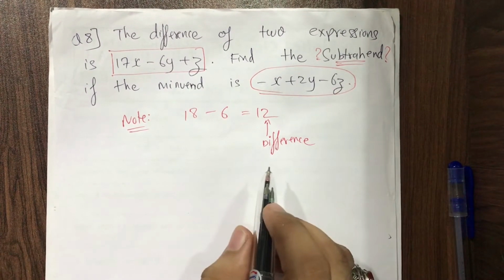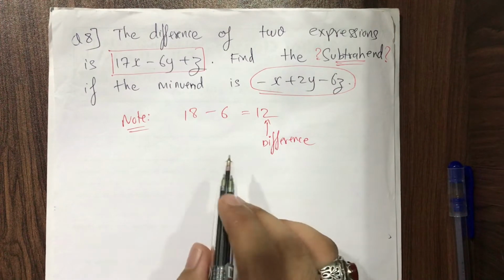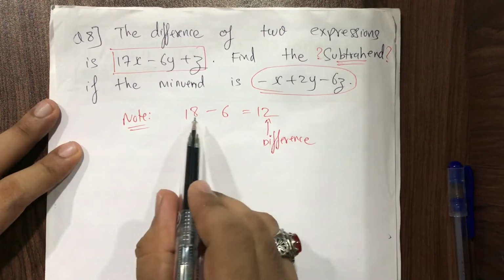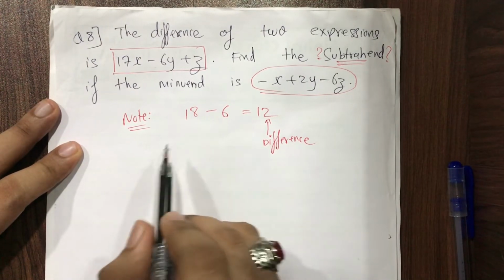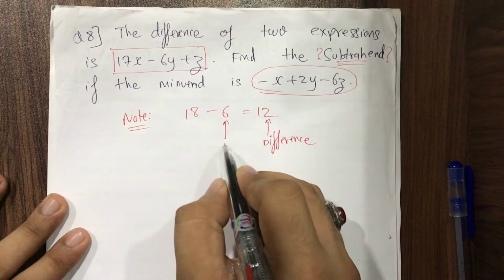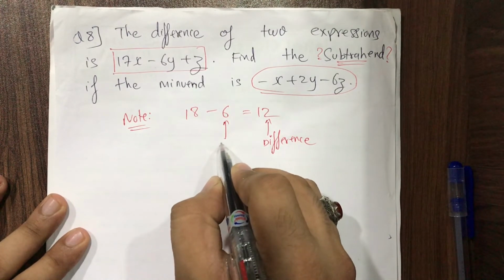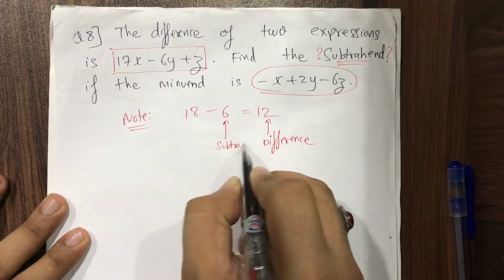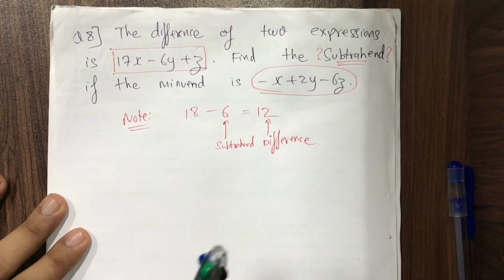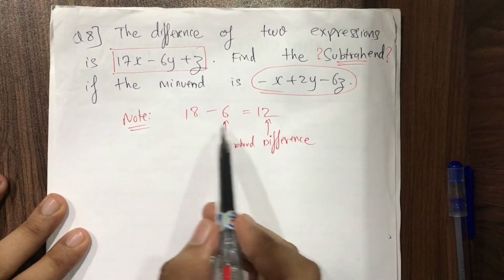Okay, now what about 18 and what about the 6? Now what happens over here is, from 18 I am removing 6, so this 6 we are subtracting. This 6 is called as subtrahend. From whom I am removing this 6?